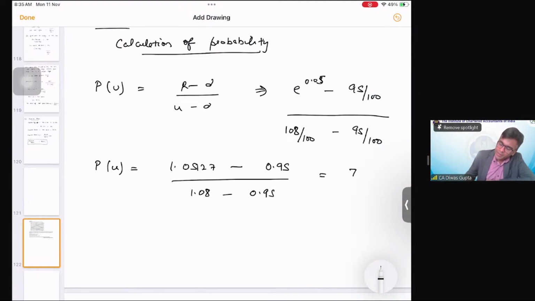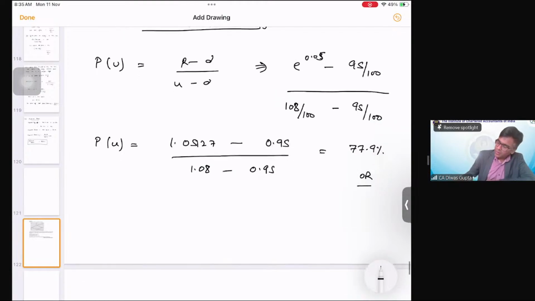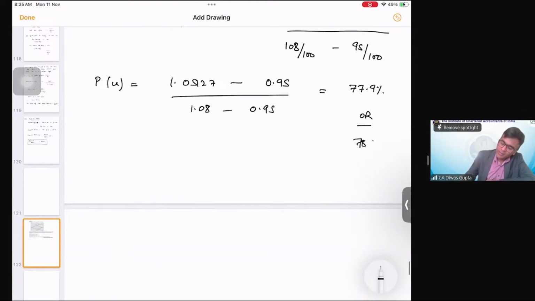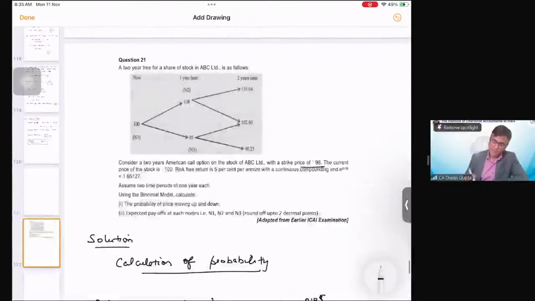So this becomes 77.9 percent, or we can say 78 percent. So if the probability of price going up is 78, the probability of price going down becomes 22%, students. Okay, so this was the first part.